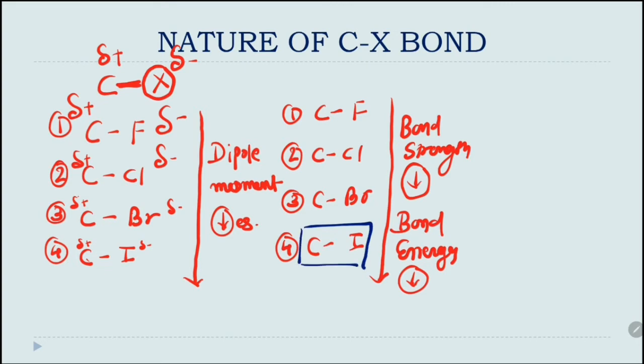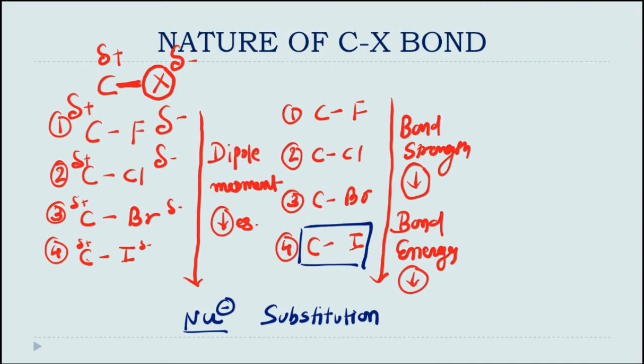In substitution reactions, later on we will study that nucleophilic substitution reactions are the characteristic reactions of halo compounds. That means these groups are good leaving groups. They will be substituted by another nucleophile. So when we compare these four, the bond that is weaker will break faster.